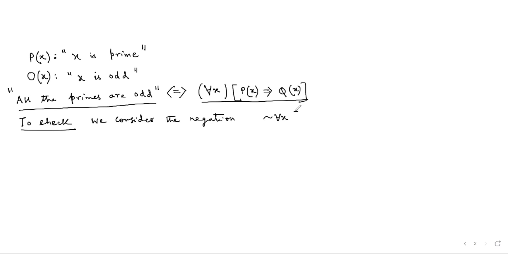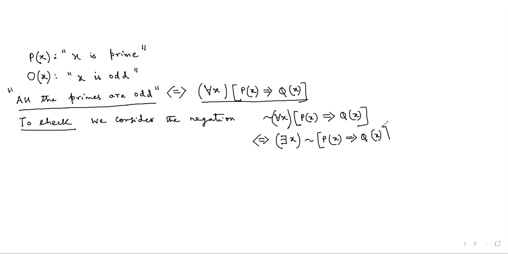So we are going to test the negation of for all x, Px implies Qx. Now, by the property of the negation, the negation of for all x becomes there exists x, and this negation is carried forward further and precedes the statement Px implies Qx.